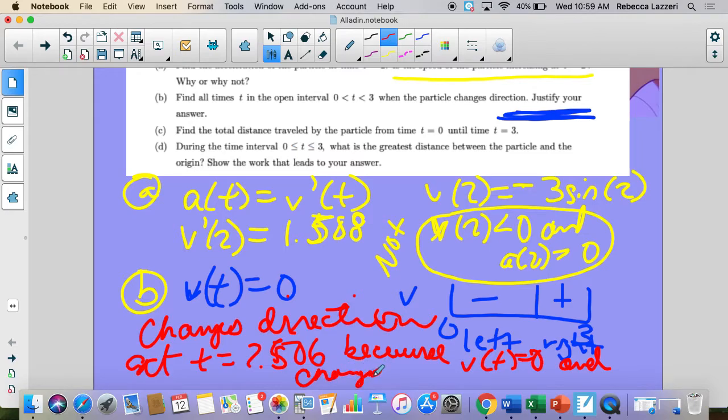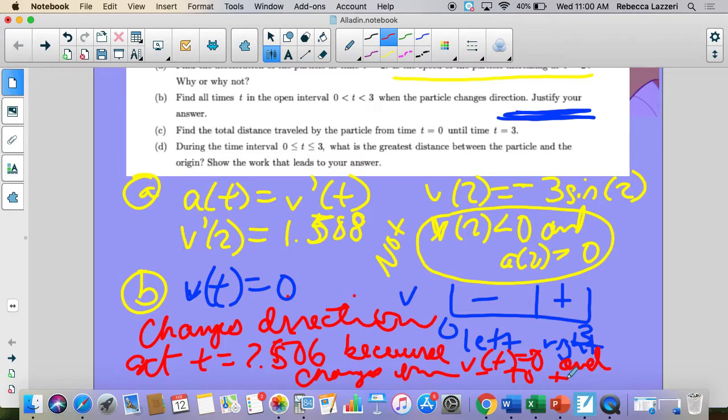Your velocity changes from negative to positive, okay? I mean, obviously you would write it neater than that, but I'm in a hurry, okay? And by the way, a lot of people don't write it neater than that, but we can still read it. All right, so is everybody okay with that?